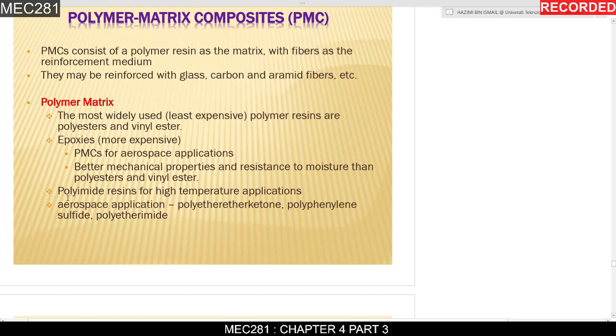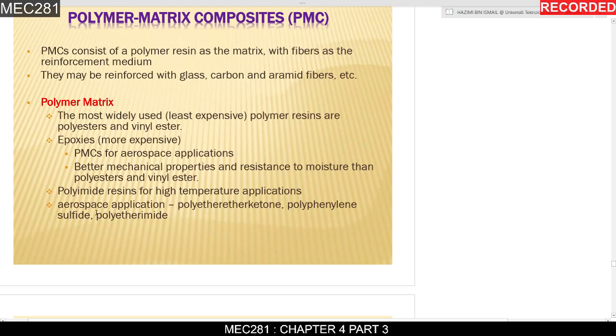It also can be used with polyimide resin for high temperature application, and for the aerospace application, the matrix also comes from polyether ether ketone, polyphenylene sulfide, and polyetherimide. Okay, and so on.